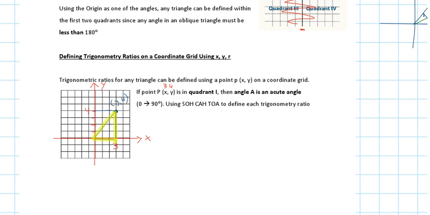Because remember, the measure of my angle has to be from the x-axis to the terminal arm. So I have to have this angle right here. I can't have that triangle outside. Okay? So always you're going to have to draw your line going down to the positive x-axis or to the x-axis. Okay? So let's look at this triangle. What kind of triangle is this? Right angle, with an angle right here. Okay? I'm just going to erase that highlight.